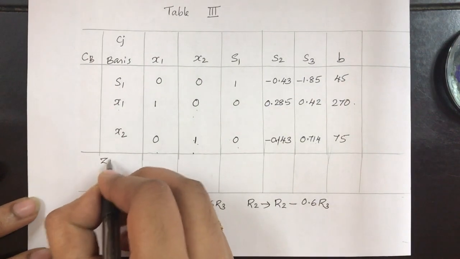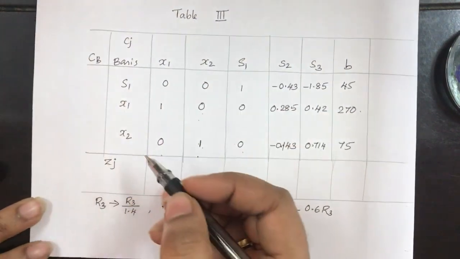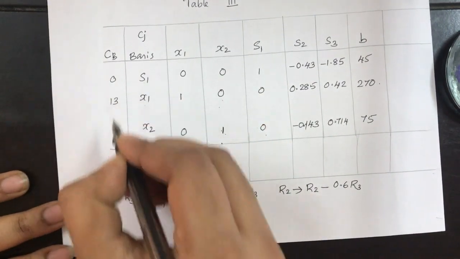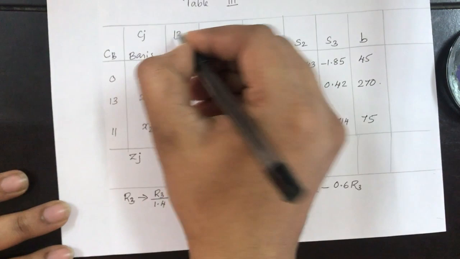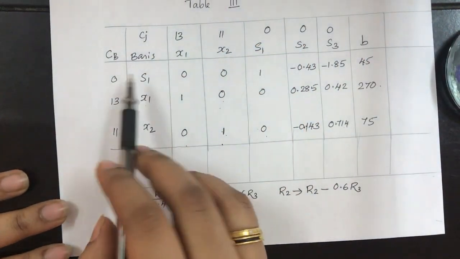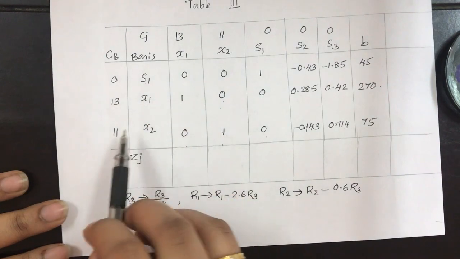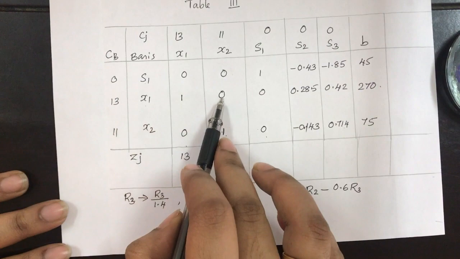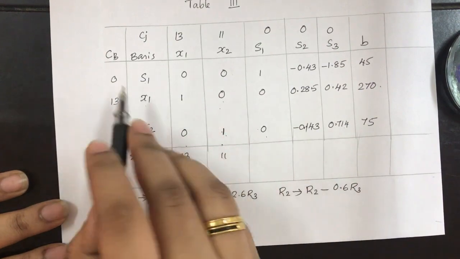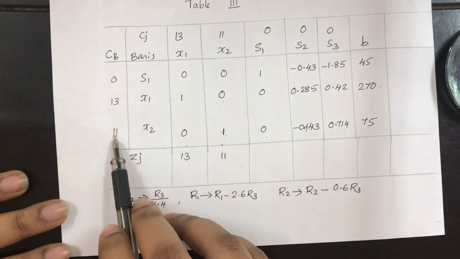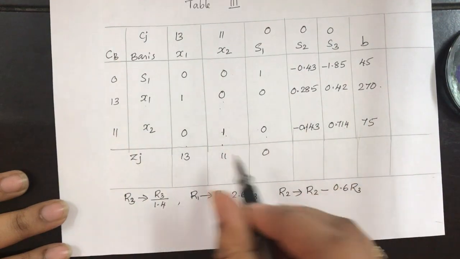Next we are going to find out Zj. Before that we need to write the basics. S1 value 0, x1 13, x2 11. Here also 13, 11, 0, 0, 0. Okay, Zj value 0 into 0 plus 13 into 1 plus 11 into 0, 13. 0 into 0 plus 13 into 0 plus 11 into 1, 11. 0 into 1 plus 13 into 0 plus 11 into 0, 0.